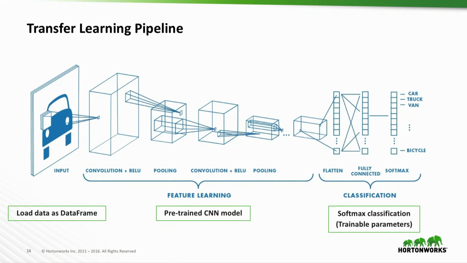So what is transfer learning? In transfer learning, we use a pre-trained model to do feature learning, and then we get some feature representation. We feed them into a softmax or other classification model, and only the parameters of the classification model are what we want to learn. For the feature learning part, the parameters are pre-trained, and we don't need to update them.